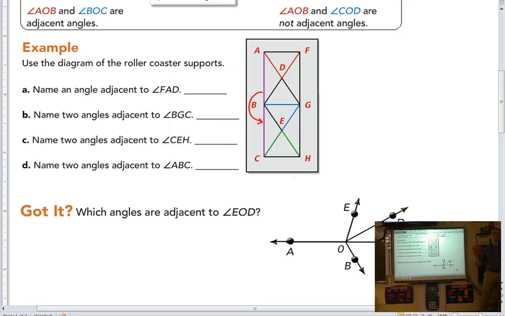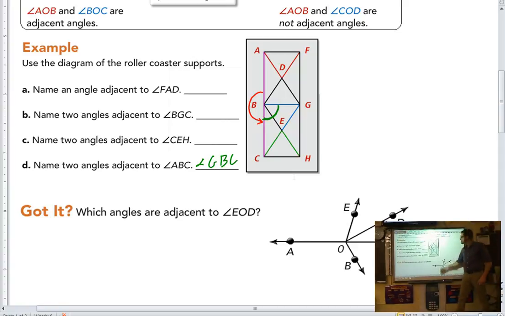So if I look at the angle pointing that way, then can I find some adjacents? Give me one. You say GBC? GBC would be right here. Shares the side, shares the vertex. GBC would totally work.